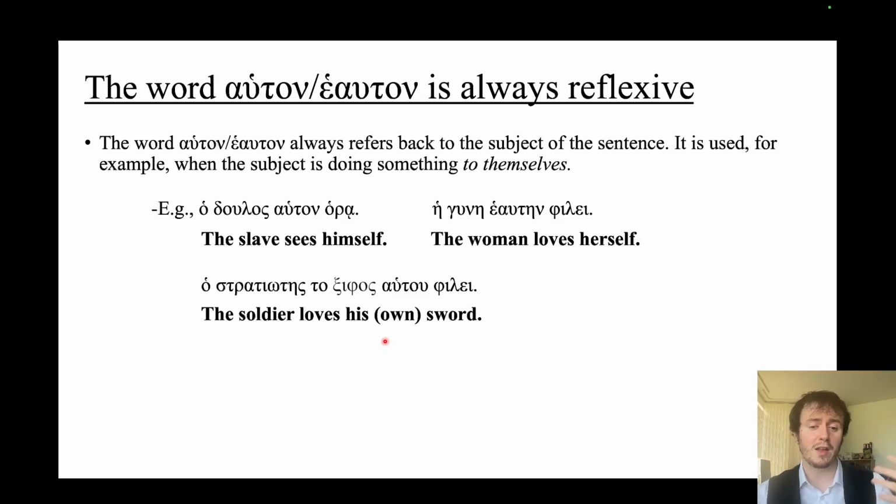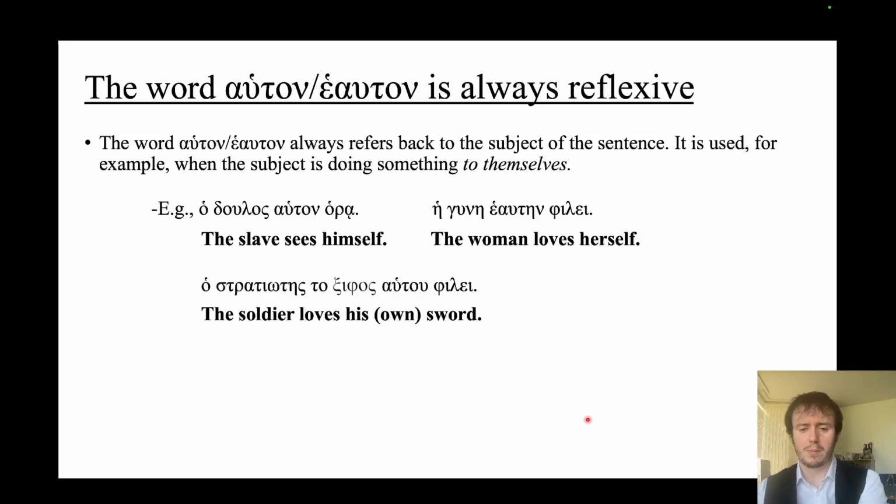We could just say his sword. That's a bit ambiguous in English because it could be talking about another guy's sword, but we know that it's his own sword because this is reflexive, meaning of himself. It's referring back to the soldier. We can either say the soldier loves his sword or the soldier loves his own sword if we want to be specific.